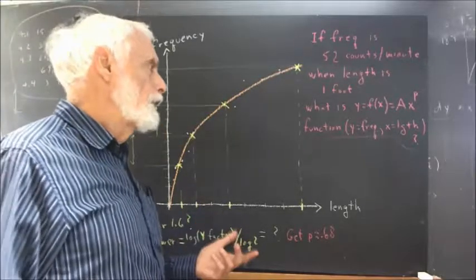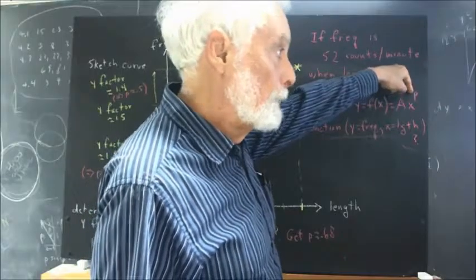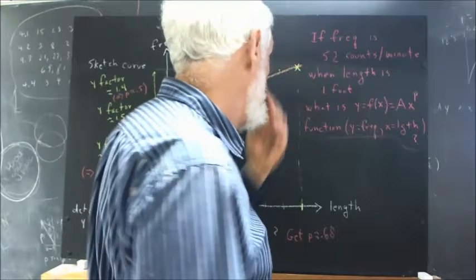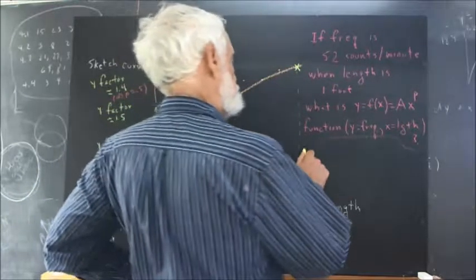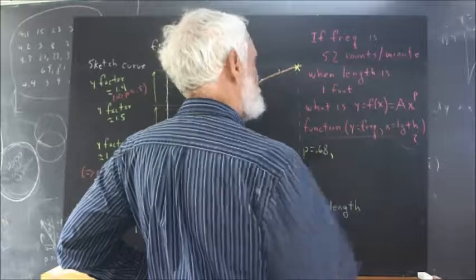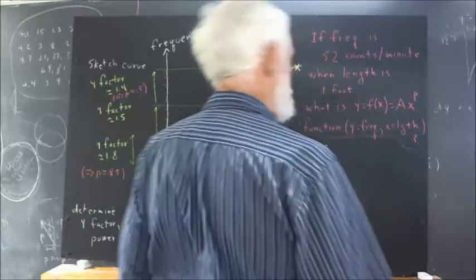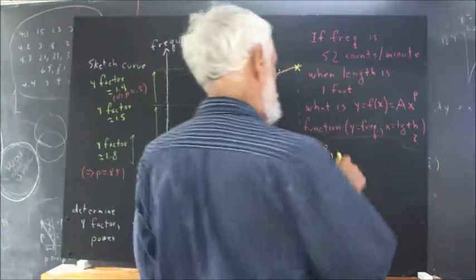So I'm going to use p equals 0.68 for my power. With p equals 0.68, x would equal what? Well, it's 1 foot. Now I'm not going to use the units right now.